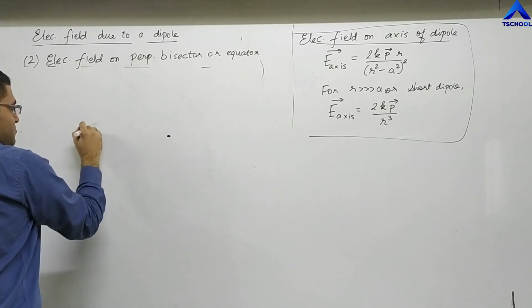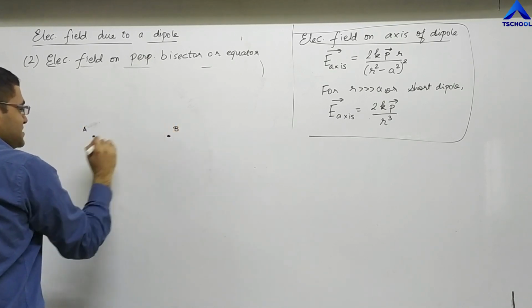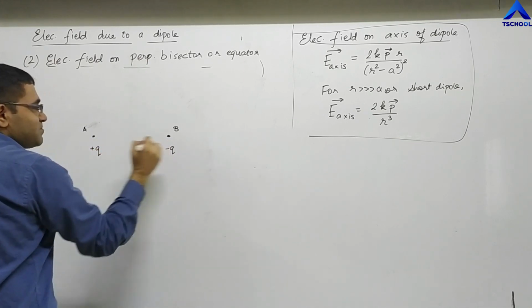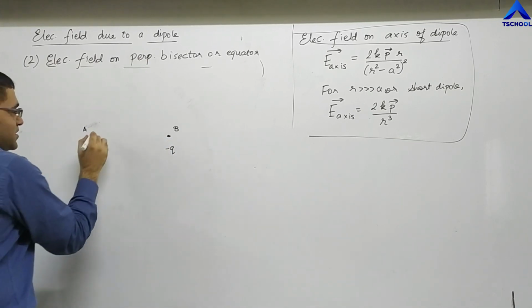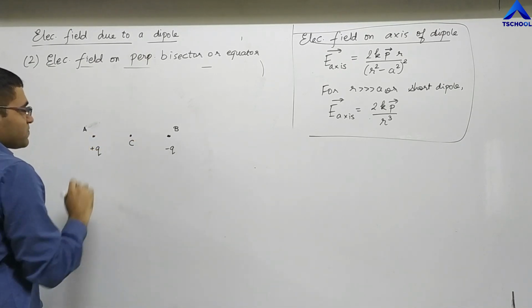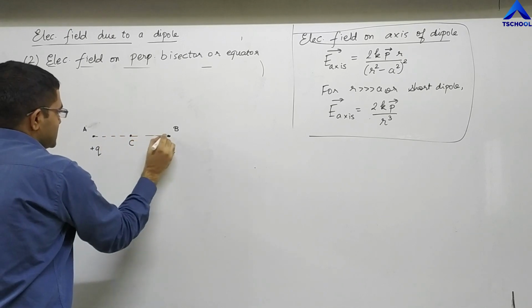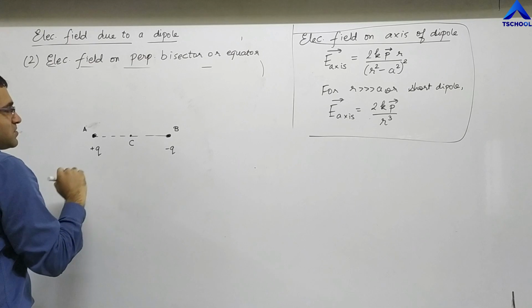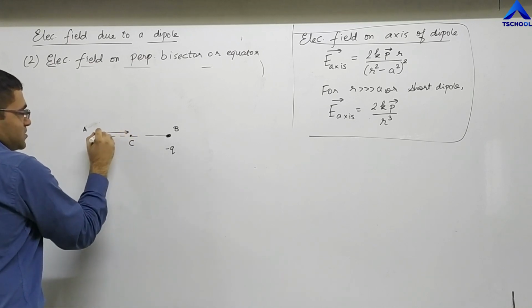Let's call this point A. Let's call this point B. At A, let's say there is a plus Q charge. At B, let's say there is a minus Q charge. So this is a dipole, and C is the midpoint of the system of two charges. The charges are here and here. And this distance is, as usual, A.